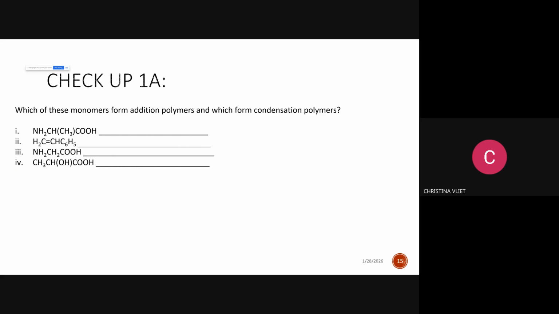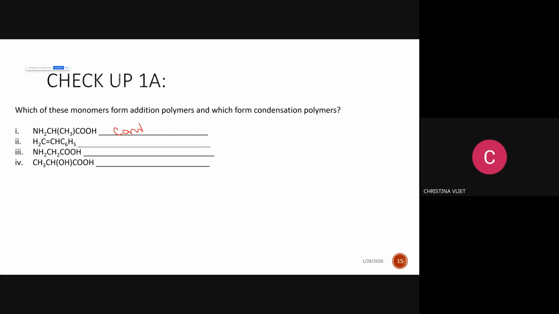Fragrance. All right. Which of these monomers form addition polymers and which form condensation polymers? This is our real first textbook question. What's that first one? What do we think? Condensation.